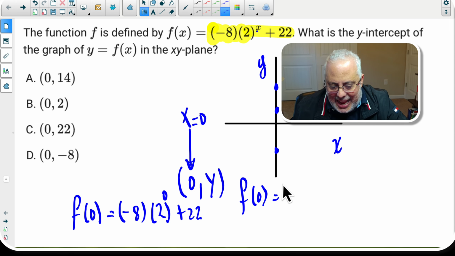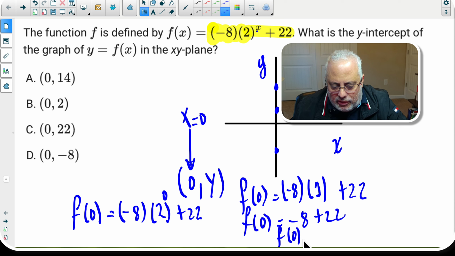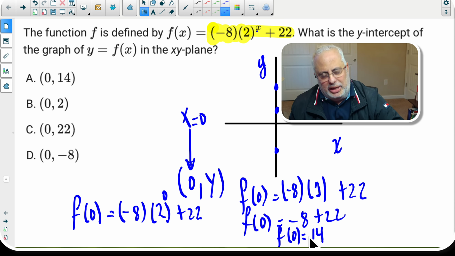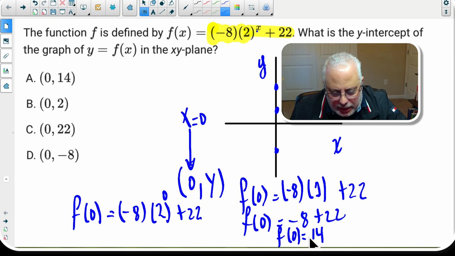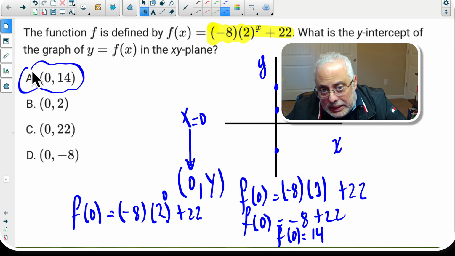So it's -8 times 1 plus 22. So we have f of 0 equals -8 plus 22. So f of 0 is 14. Very easy, very straightforward. So the answer here is 0, 14.